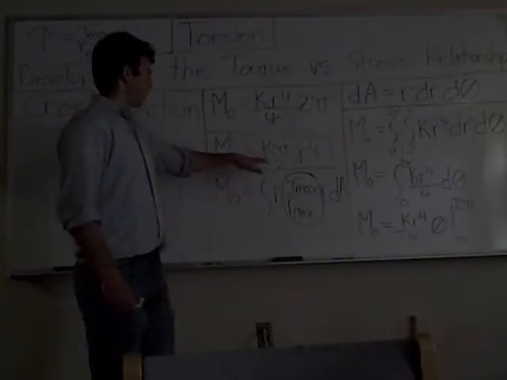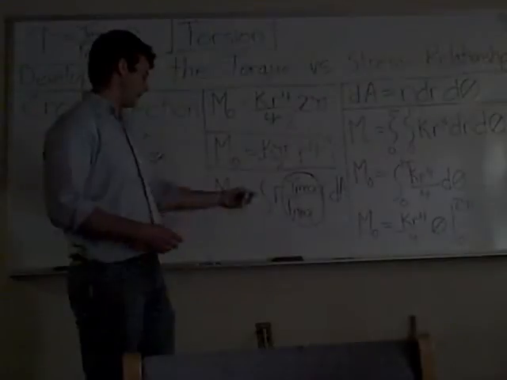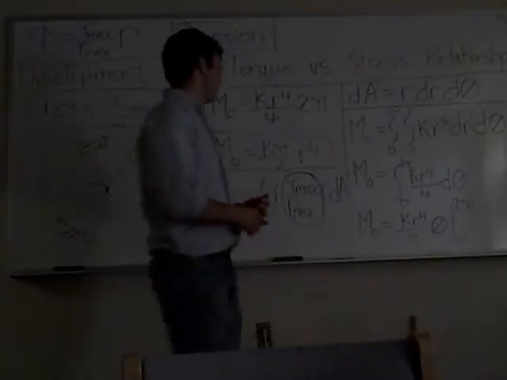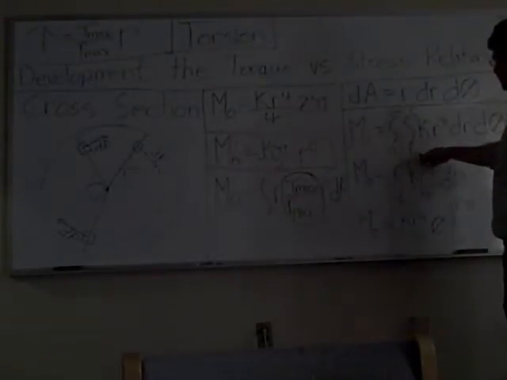If you want to see how the formula for the hollow rod is developed, all you do is go back to this step right here, where instead of from 0 to whatever distance from the center we're looking at, it's R1 to R2. R1 is going to be our inner radius, our inner distance from the center, and R2 is going to be our outer distance from the center.